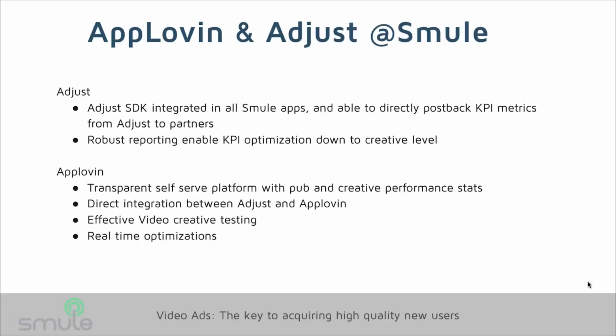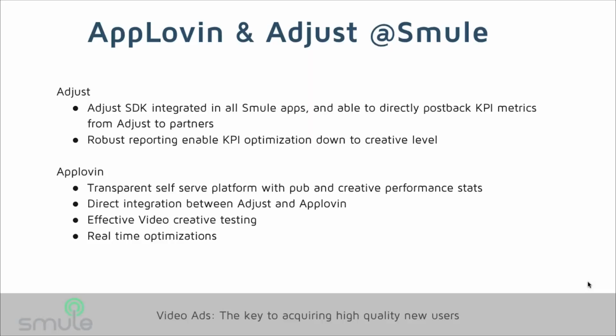And the UI reporting on Adjust with these KPIs can be reported down to the creative level with internal Smeal data so that we can see the ROI, the cost per trial, cost per registration, and cost per subscription, and that is very effective in figuring out which test, which creative, and which variable works for the different regions and the different channels that we test in.